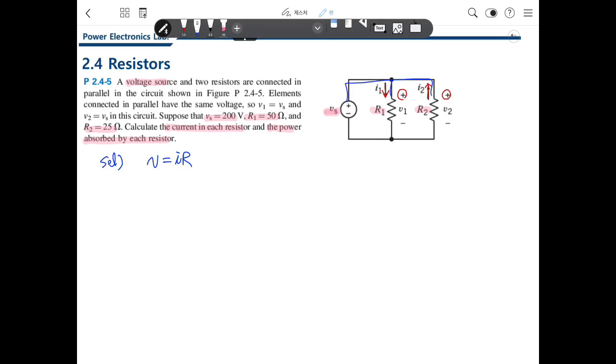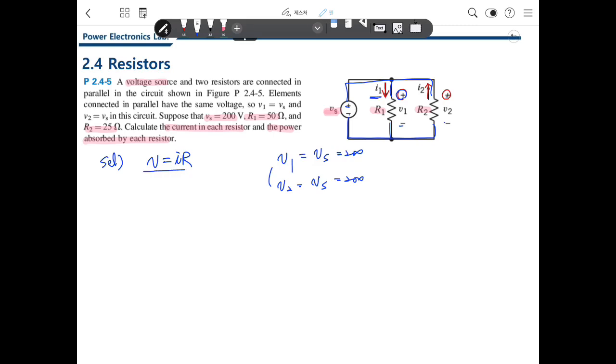They're directly connected. So V1, the plus and minus here is plus and minus. So V1 is Vs and V2 will be Vs. It's 200, the 200.